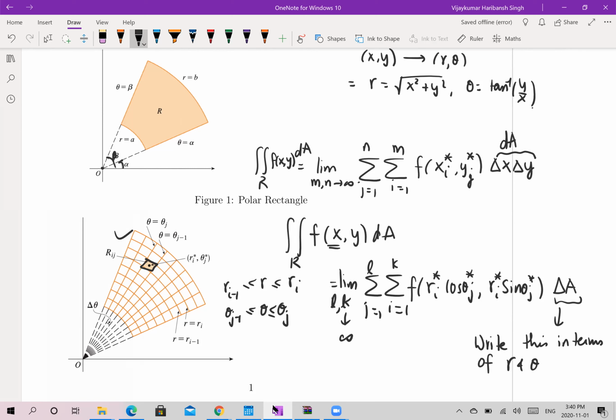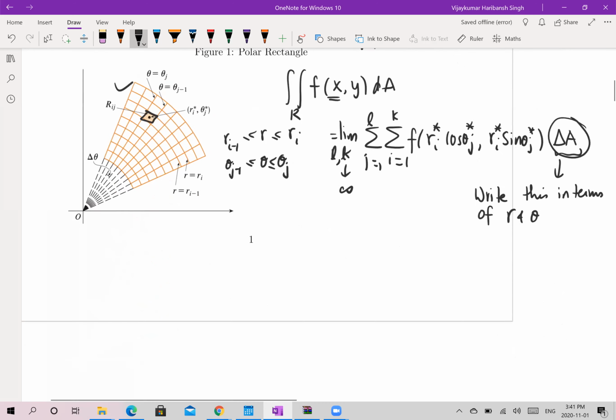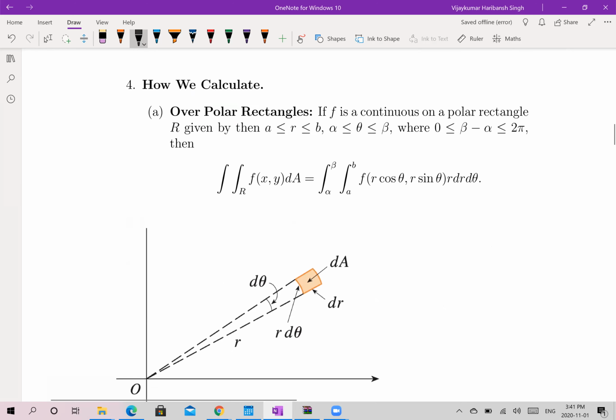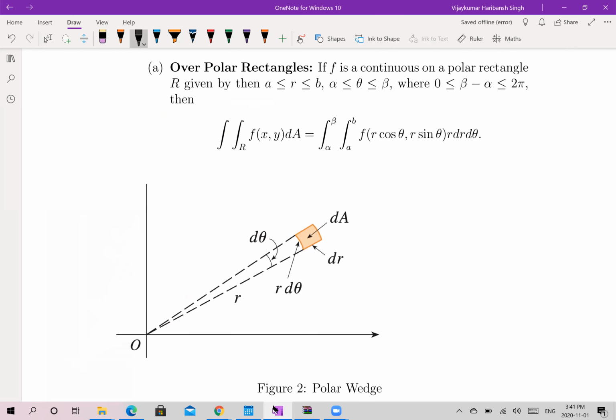So now we have figured out what x and y should be replaced with, but what about our differential area? Look at the differential area. In our case, it looks like a polar wedge, right? So this is your A, and we want to compute what this dA is. Recall, what is the area of a sector?